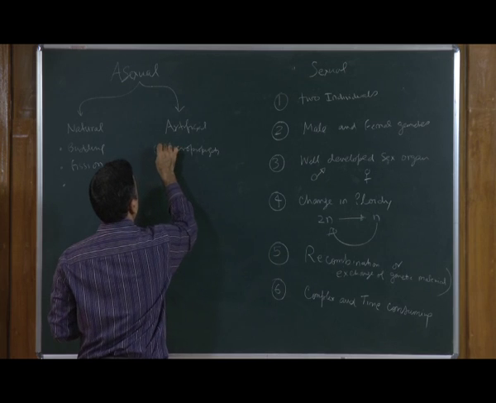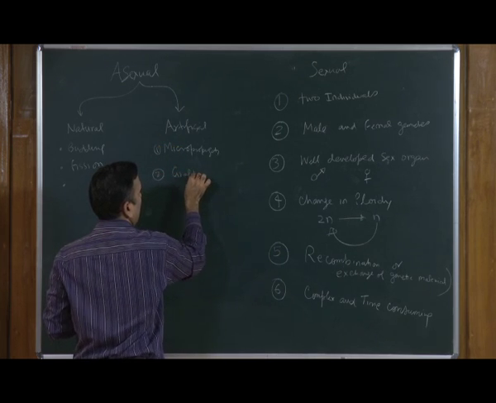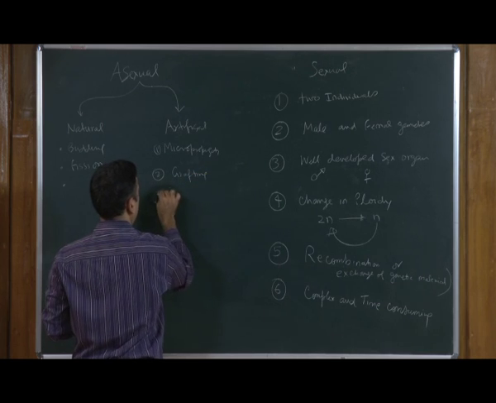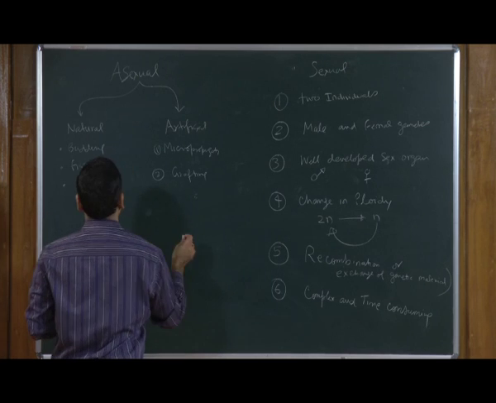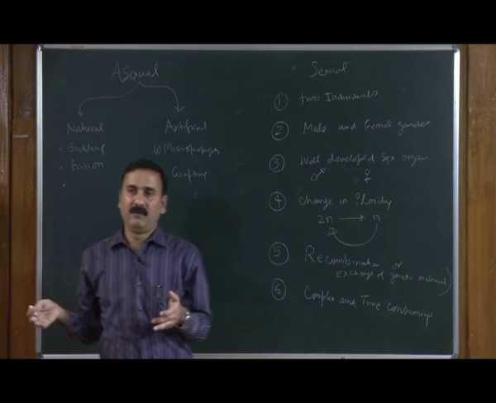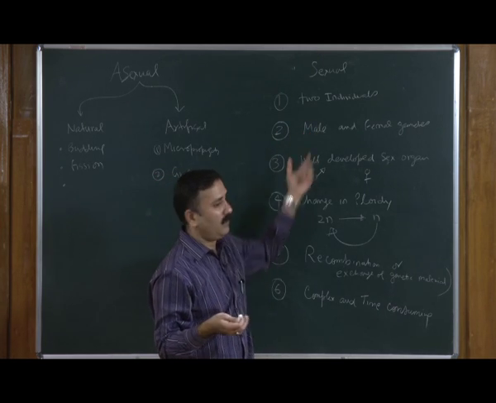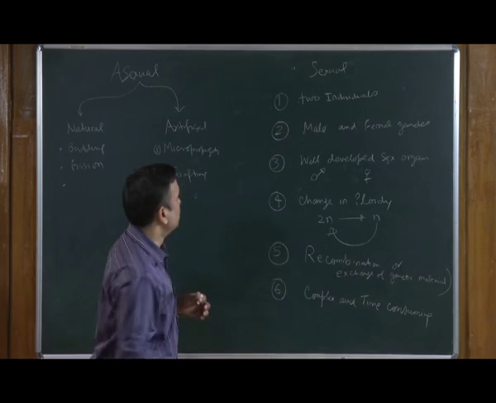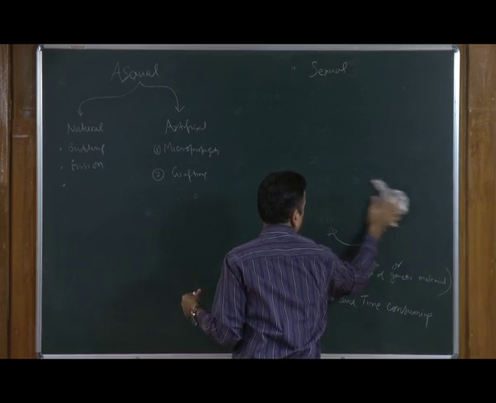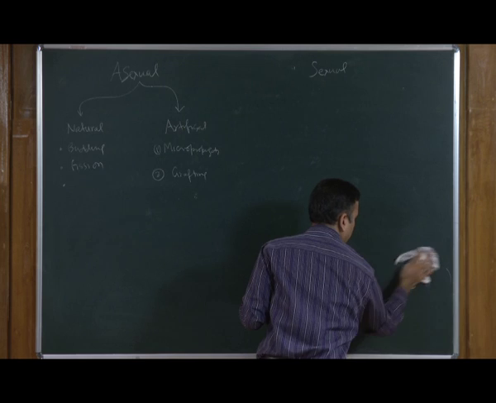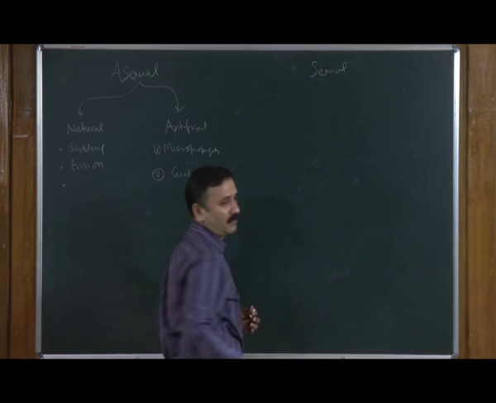We are going to discuss grafting, and other kinds of artificial asexual reproduction. Similarly, in the case of sexual reproduction, we are going to discuss the distinct stages in sexual reproduction, and also the events happening within it.